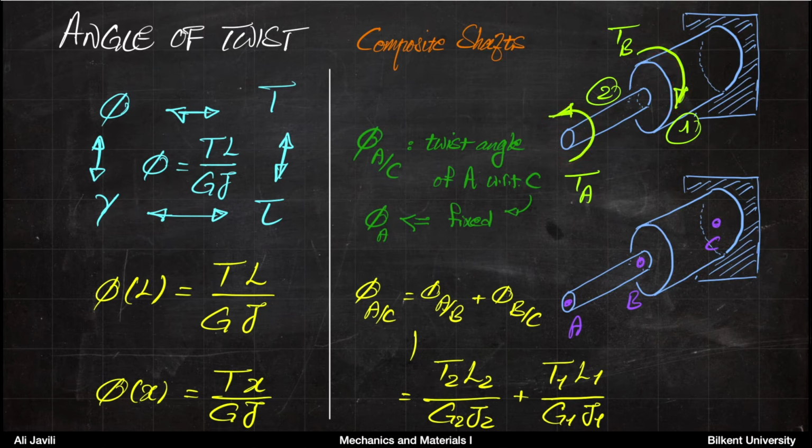We want to calculate the angle of twist. Now, angle of twist here is the angle of twist at A, so you want to know how much it turns. And then because it is fixed at C, you can say phi at A is the same as phi of A with respect to C.